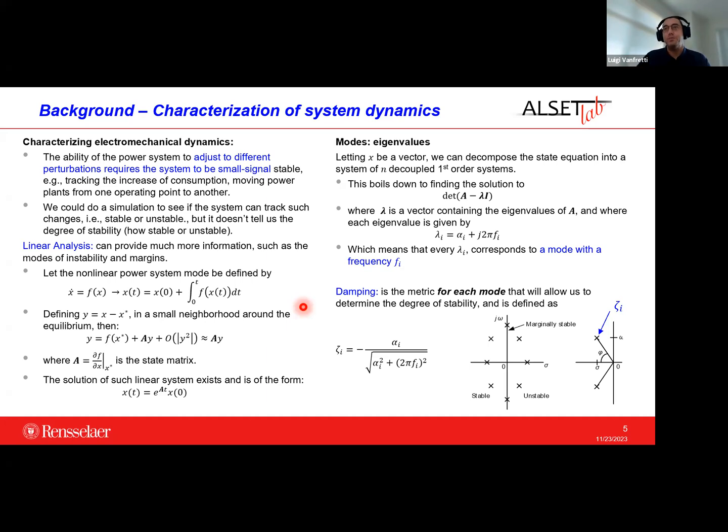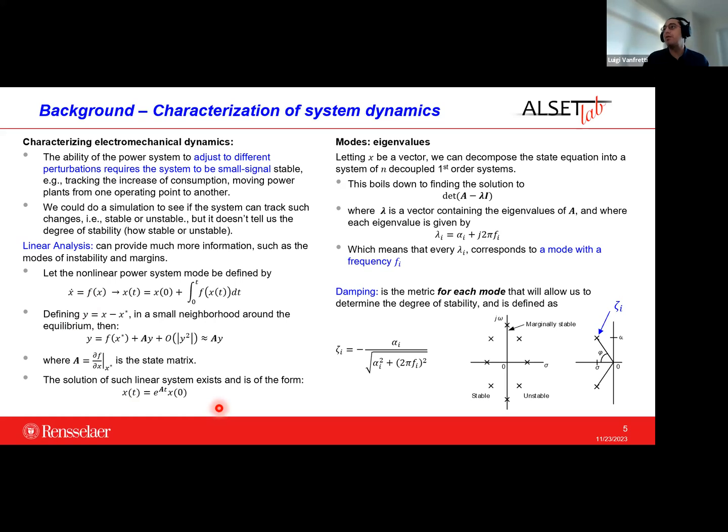Okay, so how can we quantify the stability of the system? Well, you are very familiar with this. Basically, we can look at linearizing the model around an equilibrium. So you have your set of equations f of x. You want to linearize them around a neighborhood. You have your A matrix, and we know how that response behaves.